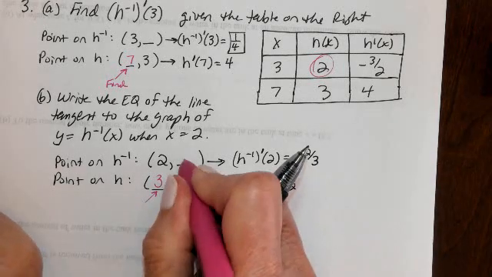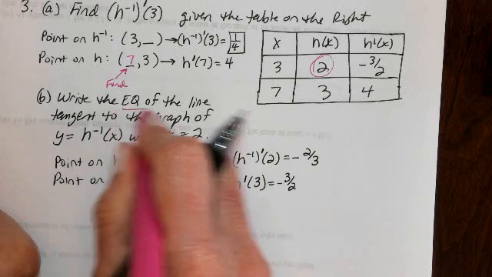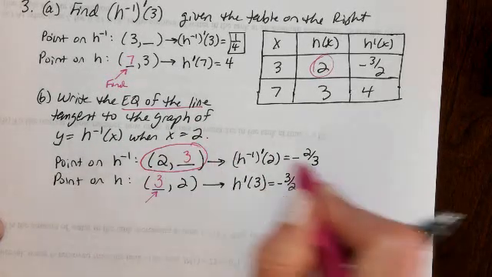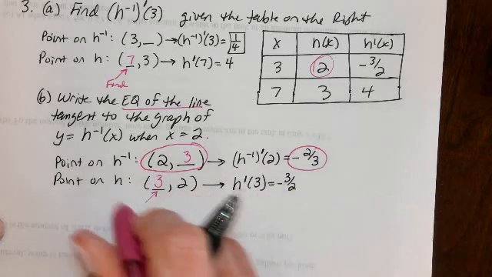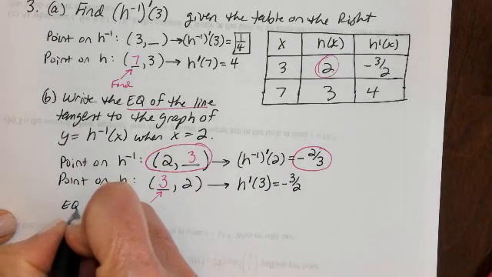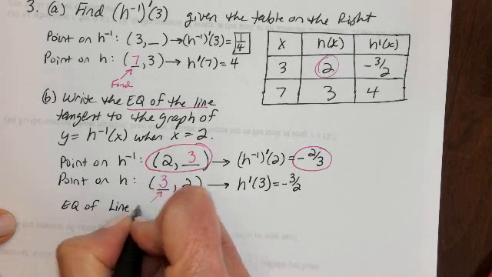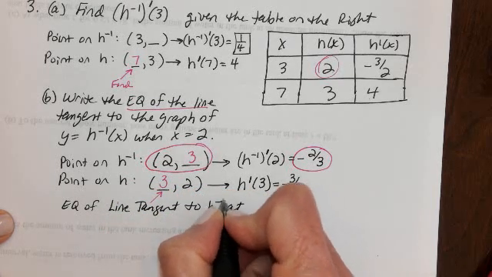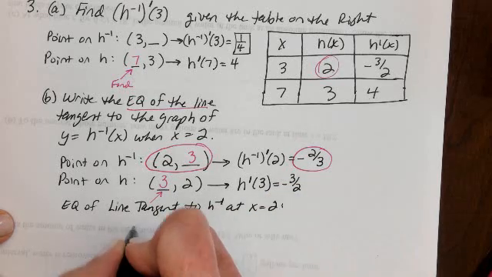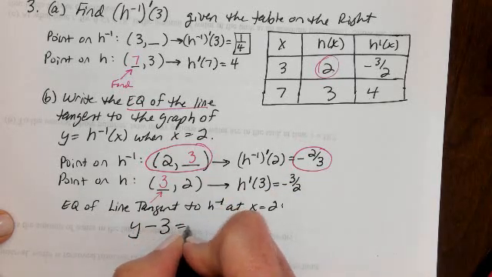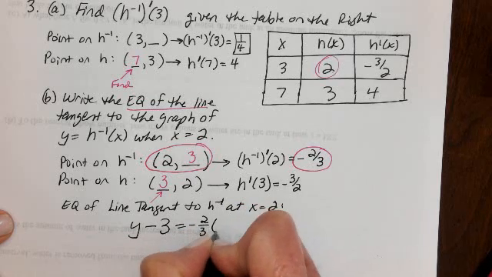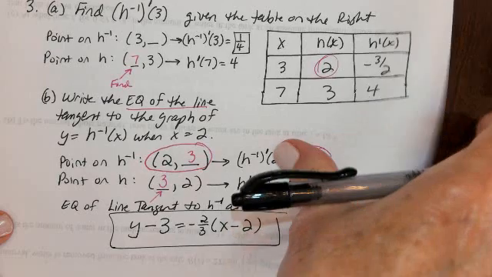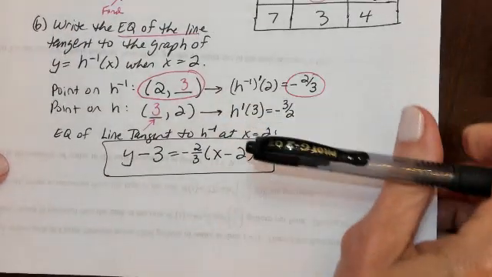And we need this point this time because we're finding the equation of a line. So I've got the point and I've got the slope, so I can write the equation of the line. y minus the y value is equal to the slope times x minus the x value. And you're done.